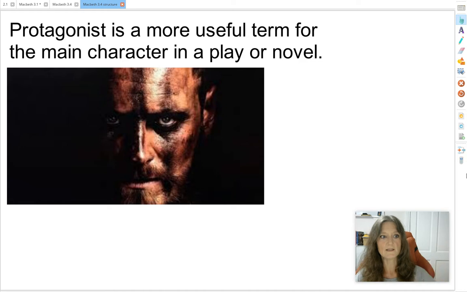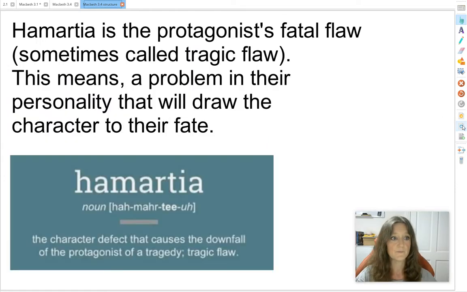And that's why protagonist is a more useful term than hero, because as I said before, Macbeth certainly doesn't remain a hero throughout the whole play. Arguably we could say that he is the protagonist. He's the main character, and we get behind him or we're disappointed when he makes bad choices. So protagonist is a term that I'm going to use to describe Macbeth today.